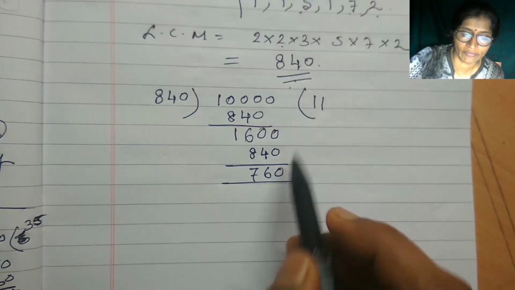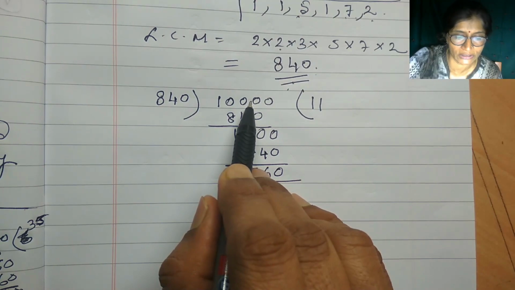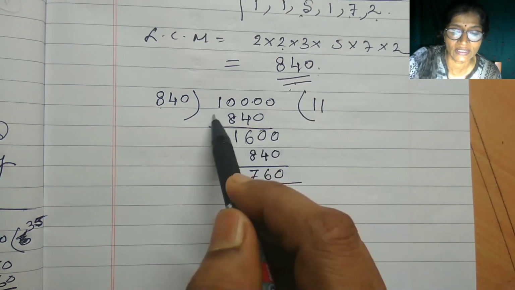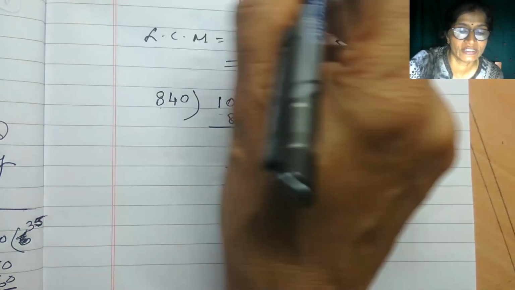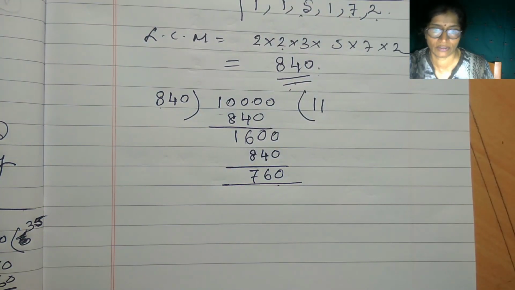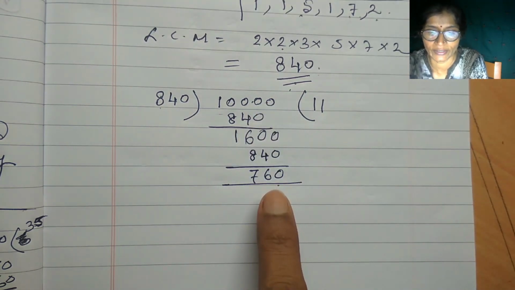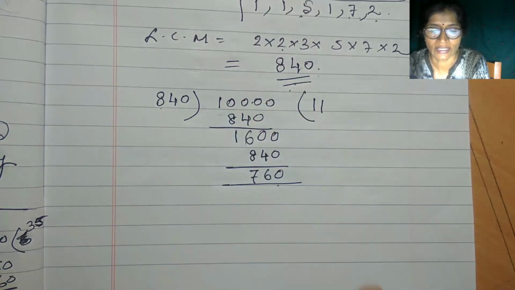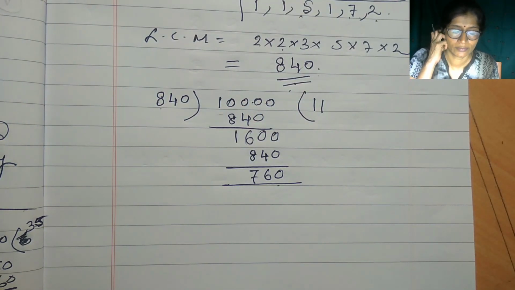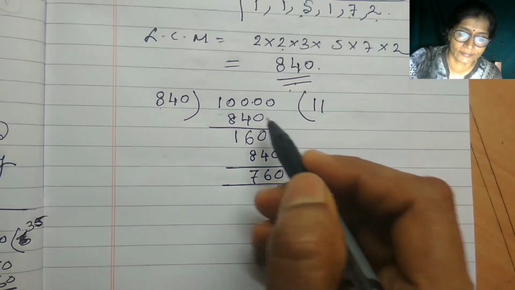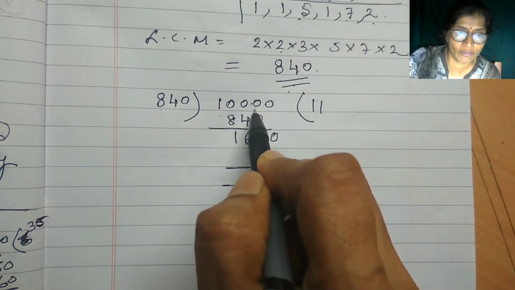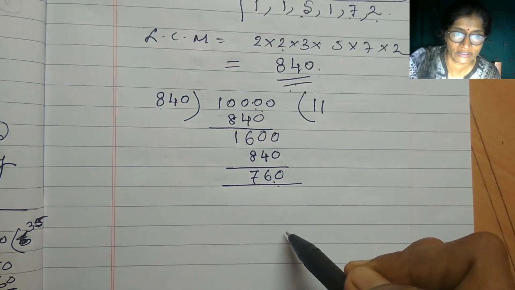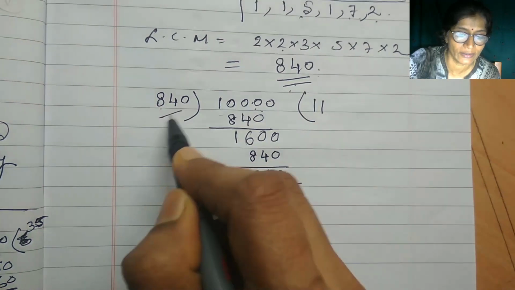So if I subtract this 760 from this, then this is divisible by this, but that will become lesser than a 5-digit number, it will become a 4-digit number. When the remainder is subtracted from this dividend, whatever is left is divisible by this one.